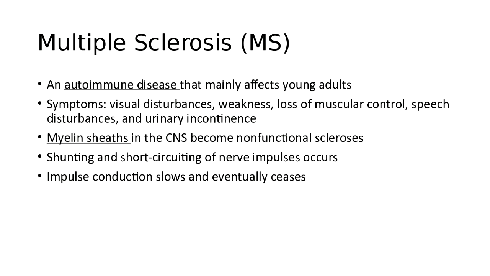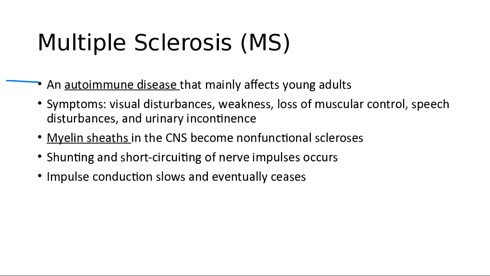Multiple sclerosis is an autoimmune disease. Now, what causes autoimmune disease is still somewhat up for grabs, but it actually destroys, damages the myelin sheaths and causes shunting and short-circuiting of nerve impulses. And the conduction slows and may even cease.